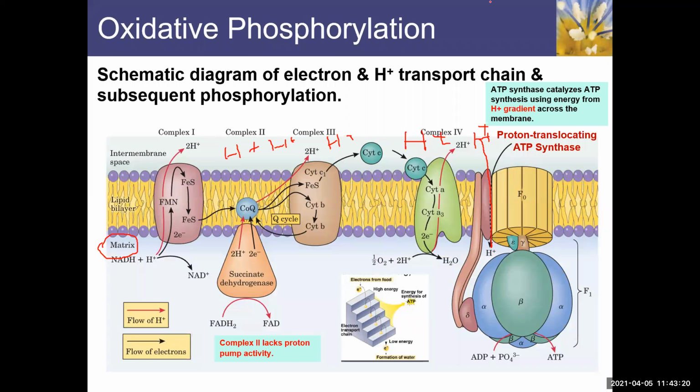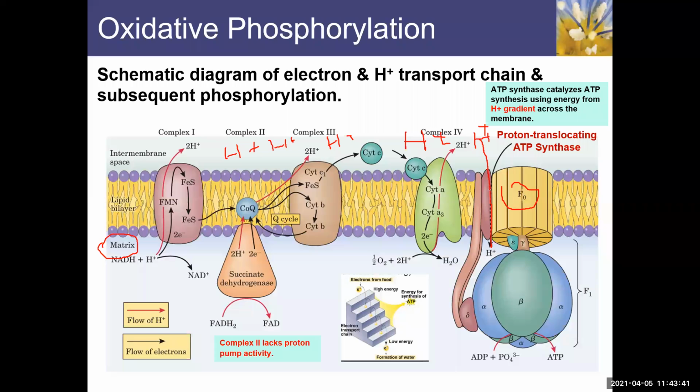Let me see in the matrix, absolutely right. And they enter through a special channel protein, right? And that channel protein is present in the F0 subunit of the enzyme called ATP synthetase. Okay, and please pay attention now.